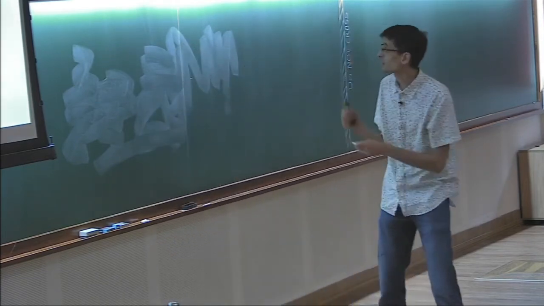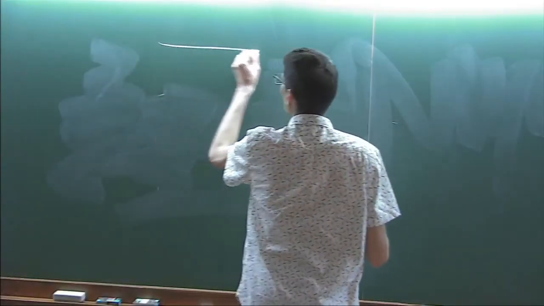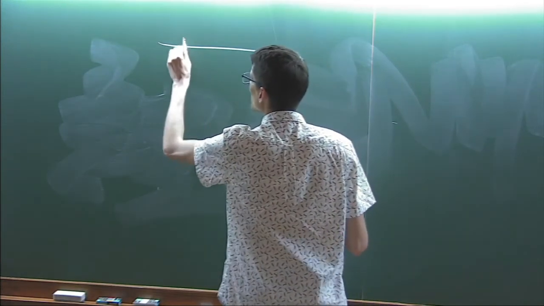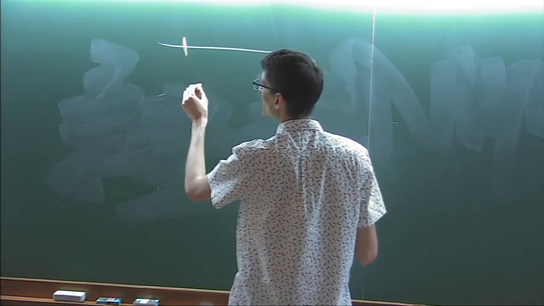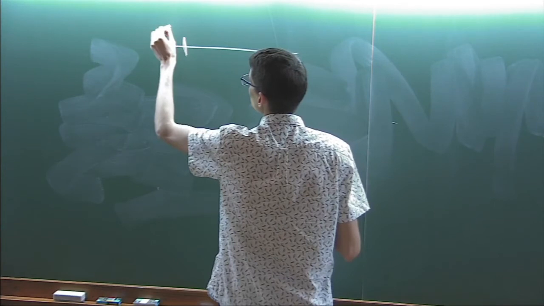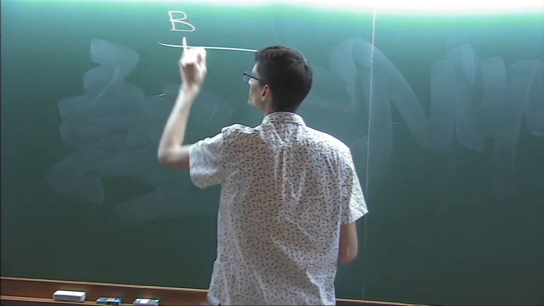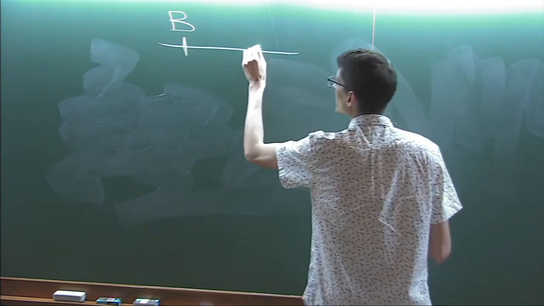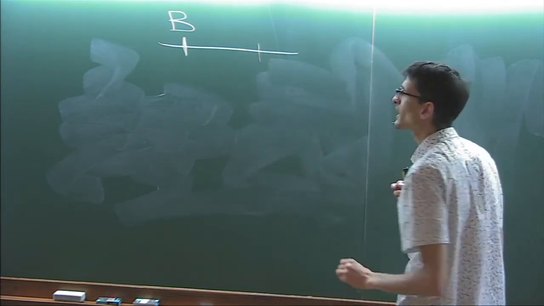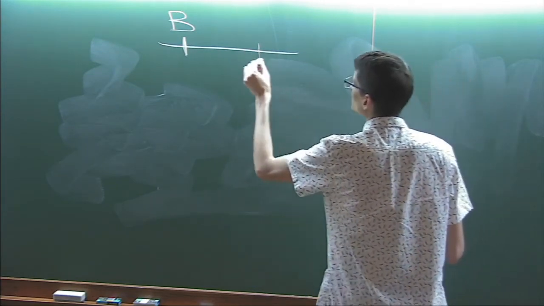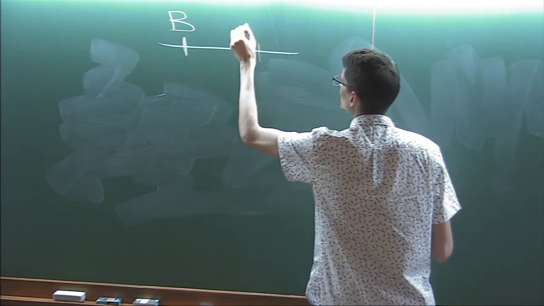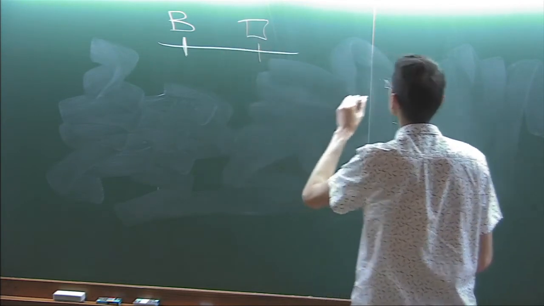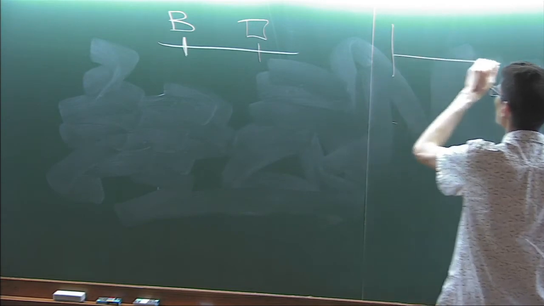Really, when we have some selected site, which I'll call the B locus, and then we have our neutral site, which I'll just represent with a square.